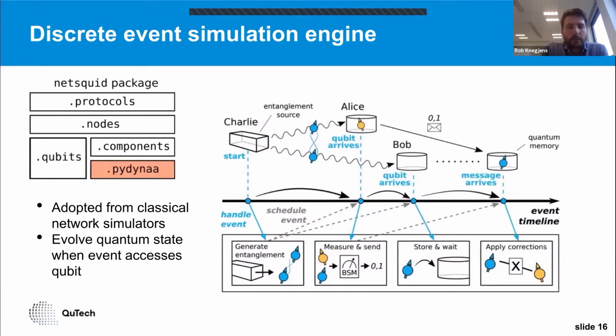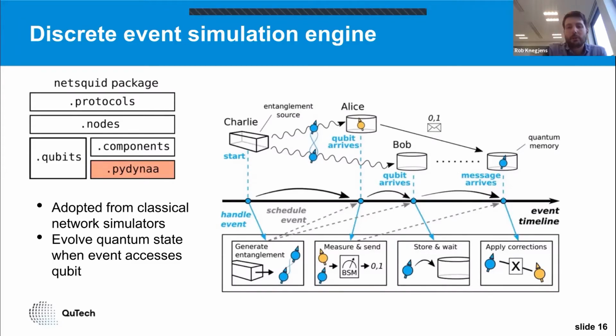So at the base, as I mentioned, there's a discrete event simulation engine. This was inspired by classical network simulators. So rather than stepping continuously through time in small steps, in NetSquid the engine jumps between events, and entities in the simulation can dynamically generate those events as time goes by.